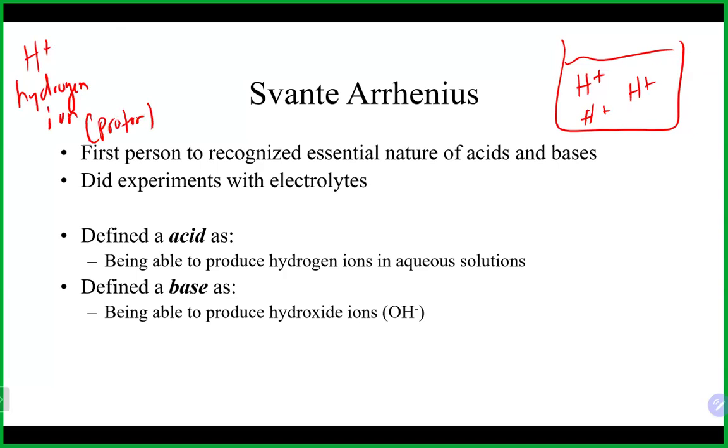The other thing is H3O plus, which is known as the hydronium ion. For all intents and purposes, H plus and H3O plus in acid-base chemistry are the same part of the solution.